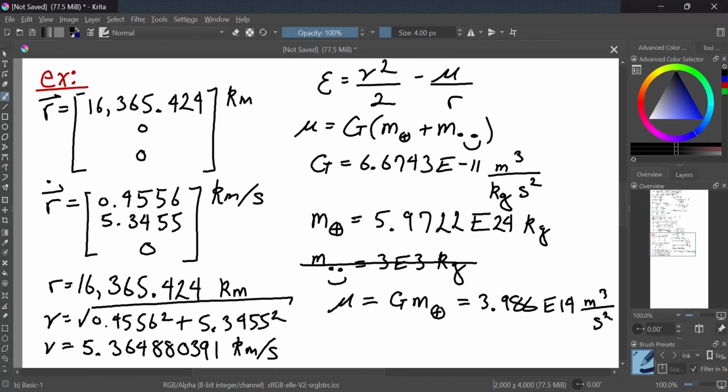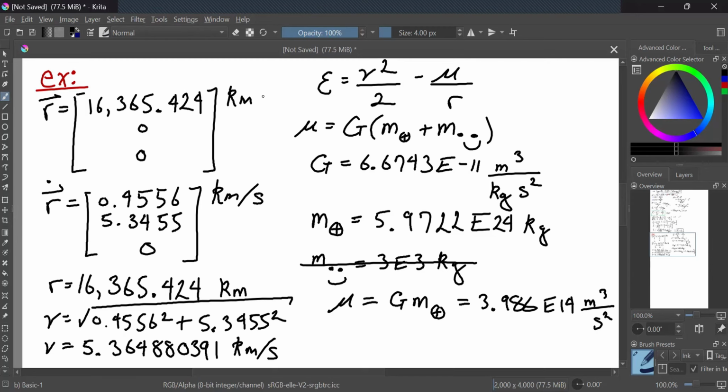I don't like two things about this. First, I don't like that that number is so big. It is still billions and billions of meters cubed per second squared, but that's the other thing. I don't like having meters in an equation where I have kilometers.